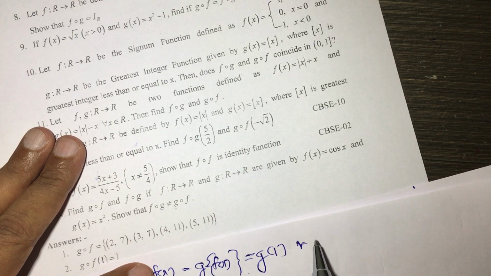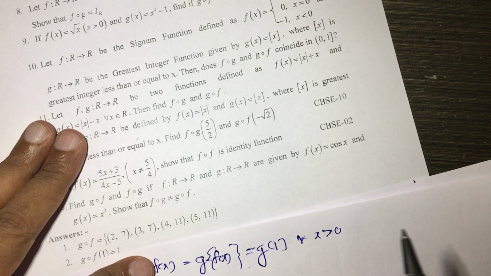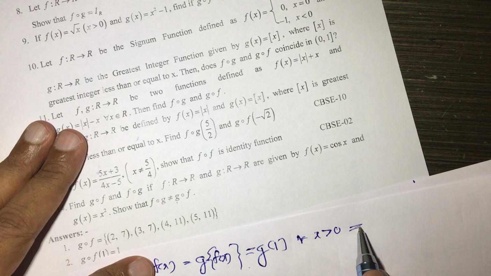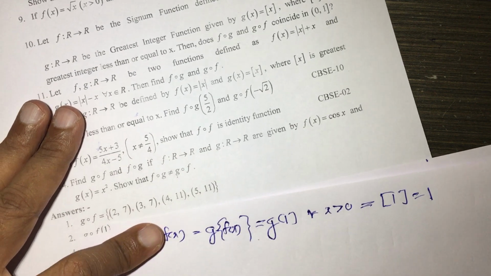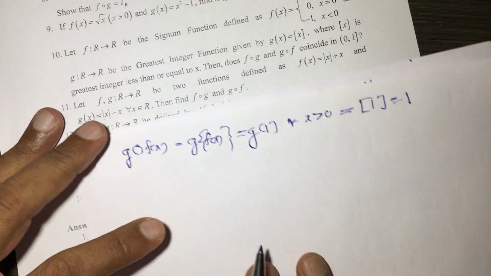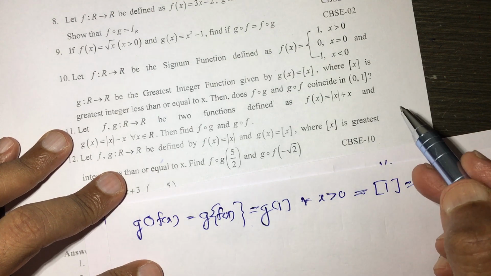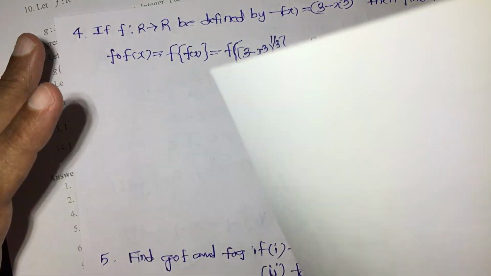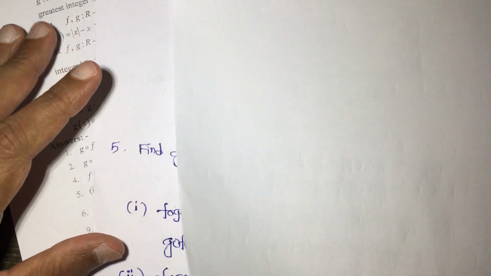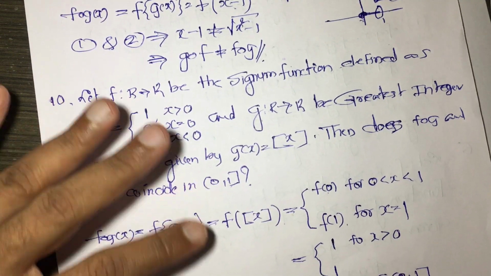This is for all x greater than 0, and this equals g of 1. g of 1 means the square bracket of 1, which is 1. Next, what we got here is the interval (0, 1].